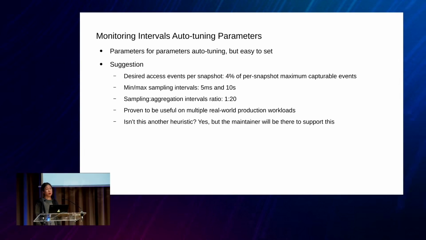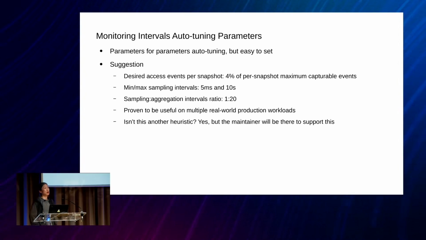So we are suggesting to set 4% of the per-snapshot theoretically possible maximum access events as the desired amount of access events for auto-tuning, and setting the minimum and maximum sampling intervals at 5 milliseconds and 10 seconds, and having the sampling to aggregation interval ratio at 20.